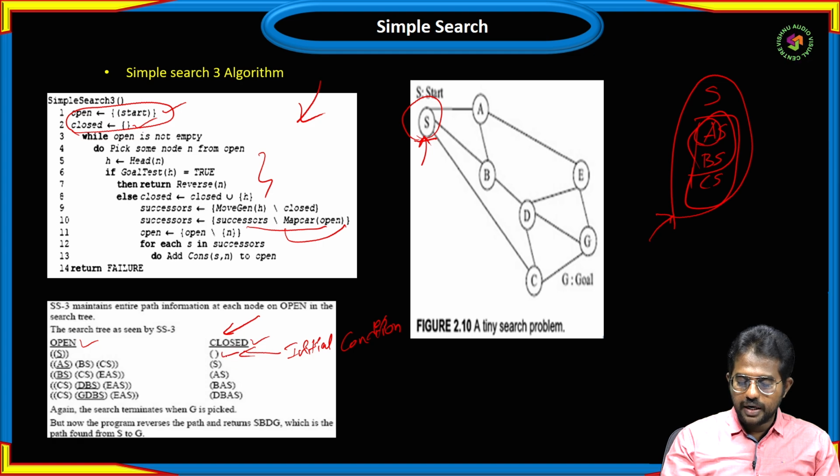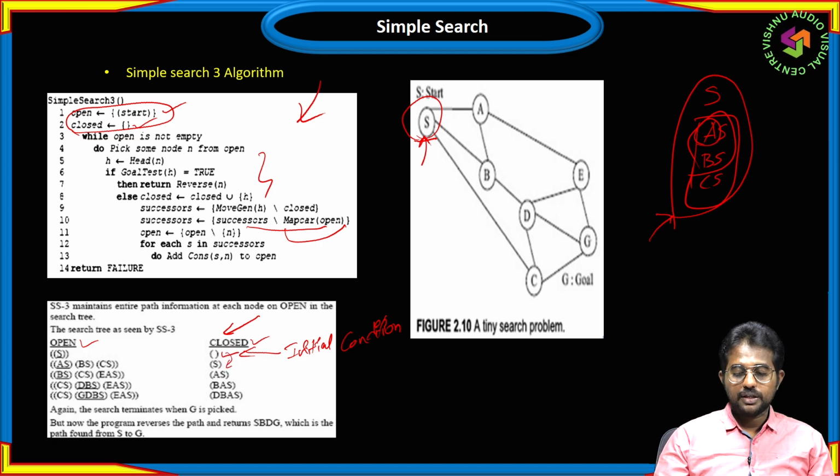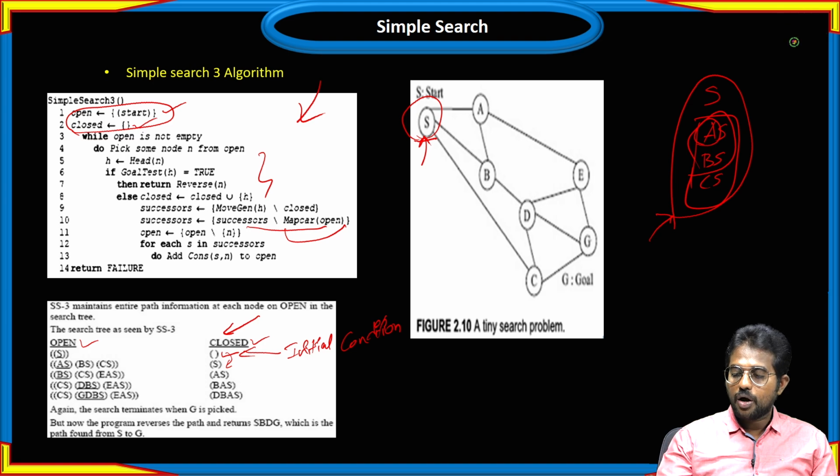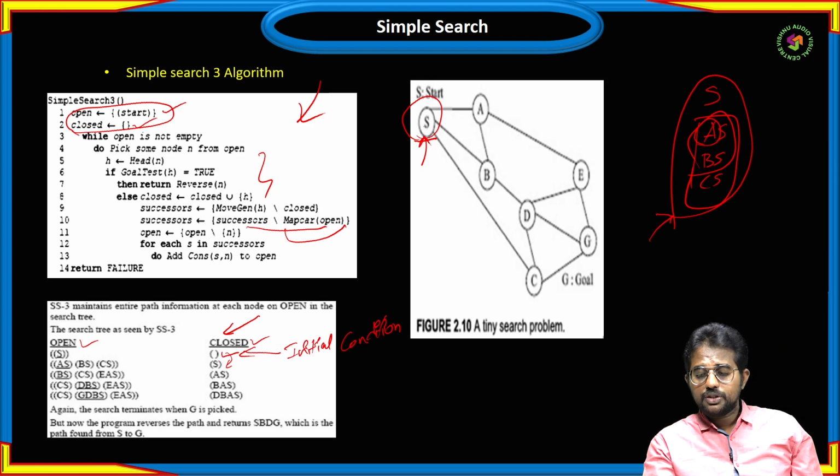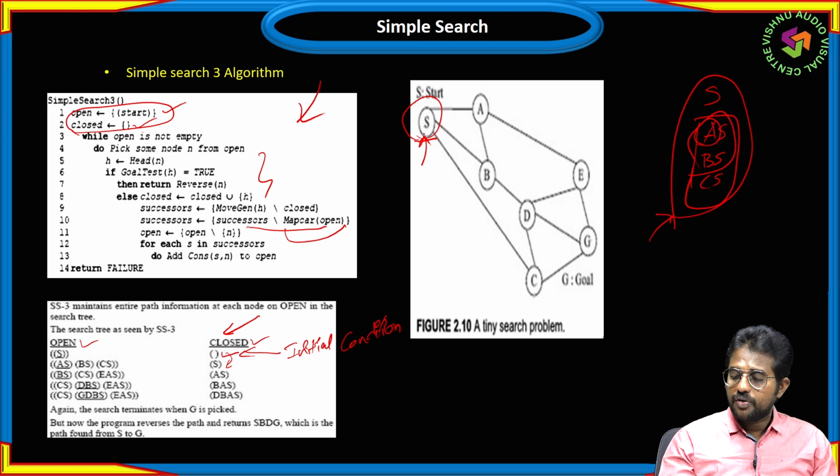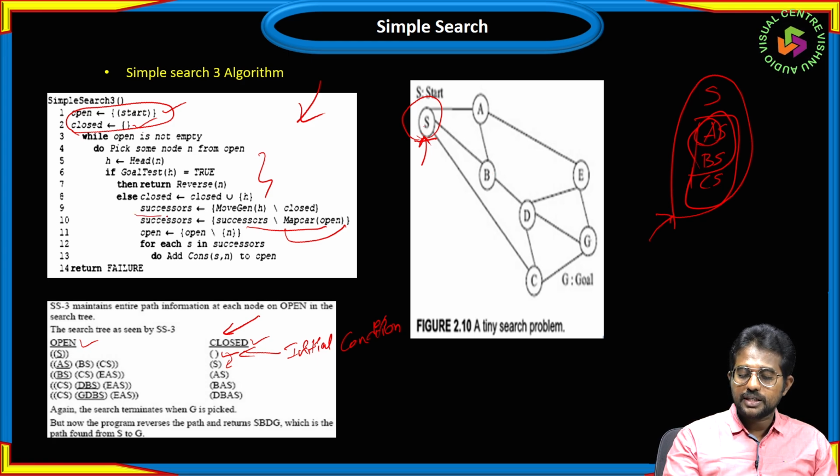So I have added S to closed. Then I will apply Movegen on S so that we can get the successors. The Movegen output on S is A, B, C, and all these nodes will be stored in successors.